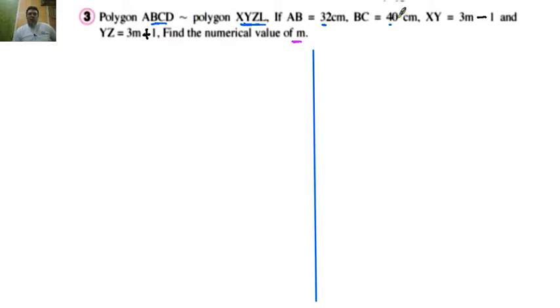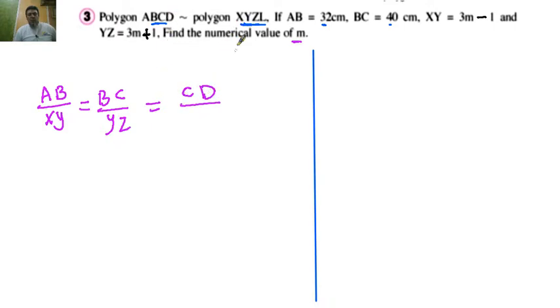From the similarity of the two polygons, we use the proportional sides: AB over the first side XY equals BC over the second side YZ equals CD over ZL equals the last side AD over XL.